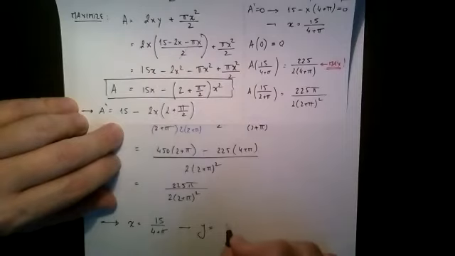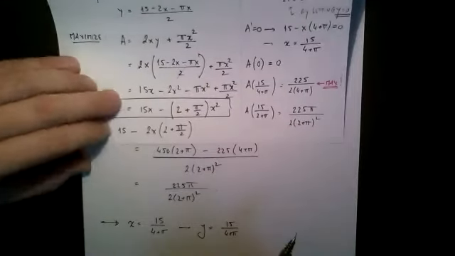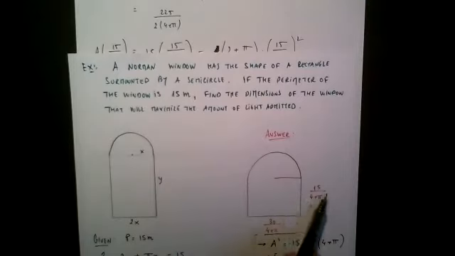Okay, so the y should give you 15 over 4 plus pi. I'm going to let you do the calculations. That's it, and then that's going to give you the answer to the y, and of course the x is just the radius, so 2x will be 30 times.